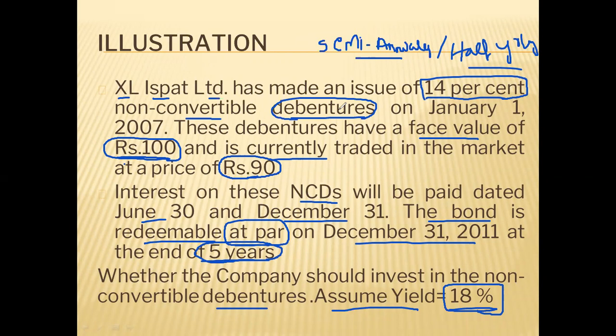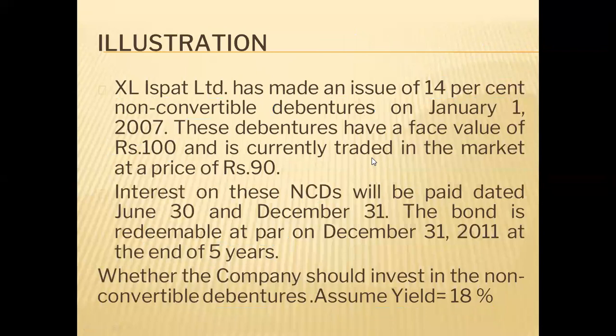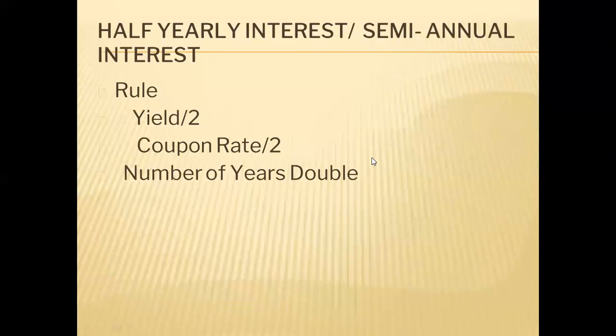The method will remain the same. Only one small change will be there that we will have to understand, because this is a half yearly or semi-annual interest rate. Interest will be paid two times in a year. If it is a case of semi-annual interest, apply the rule given in the previous slide. If by reading the question you come to know that it is a case of half yearly or semi-annual interest, you should apply this rule.